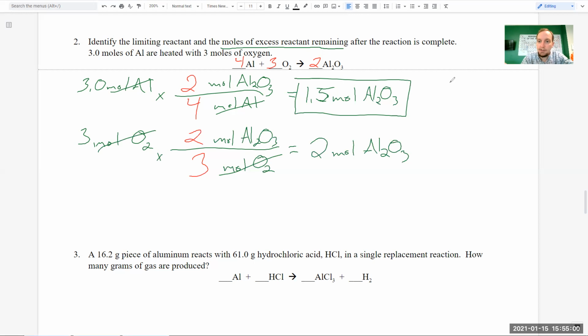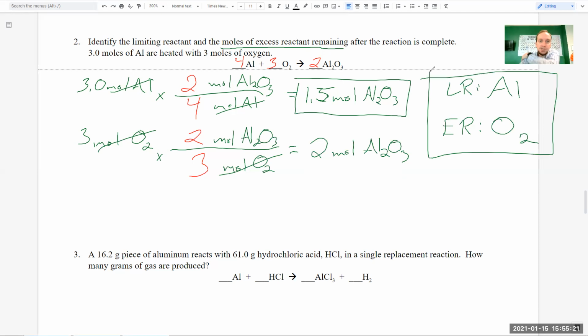What we're going to run out of is our limiting reactant, which in this case is that produced the smaller number. The excess reagent or reactant is, again, here's the bigger number. It's going to be the one that made the bigger number, in this case, oxygen. All right, so now we have identified the limiting reactant, which is what they asked us for, which is aluminum.